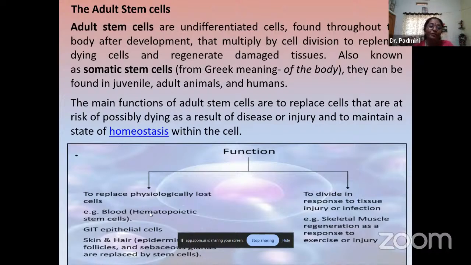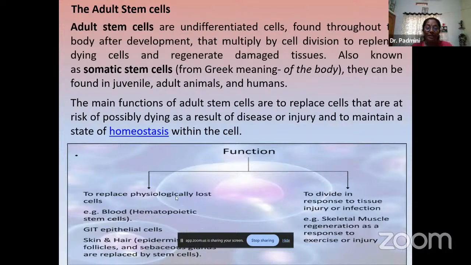The main function of adult stem cells is to replace the cells that are at risk of dying as a result of disease or injury, and to maintain the state of homeostasis within the cell. So what is the function? To replace physiologically lost cells, for example blood, because we lose blood cells every 120 days, so you need new cells.